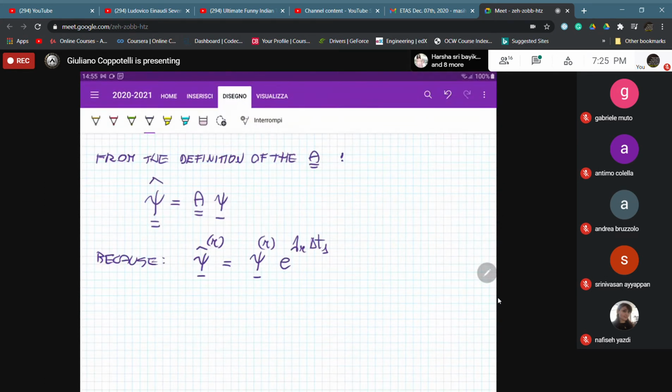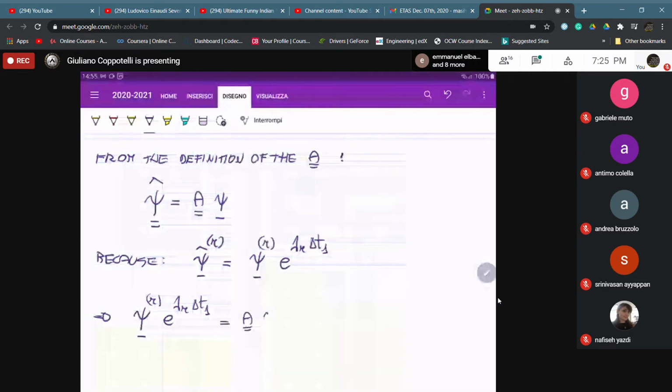Therefore, by plugging that into the first equation written by columns, what we got is psi r e to lambda r delta T1 is equal to A times psi r.